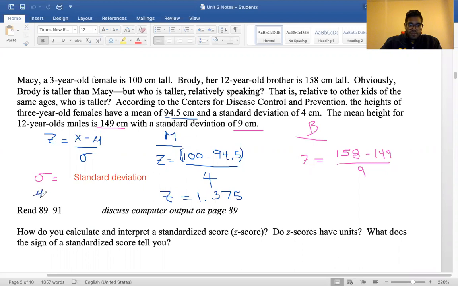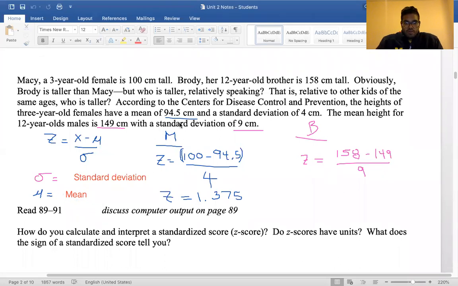Mu just stands for the average. You're going to learn in a couple chapters that mu and x bar are different things. Whenever you see a Greek symbol, you're looking at a population parameter, versus an alphanumeric value like x bar, which uses our traditional alphabet, which is going to be a sample. So again, Greek letters mean population, alphanumeric means sample. But that's just some minor details for right now.